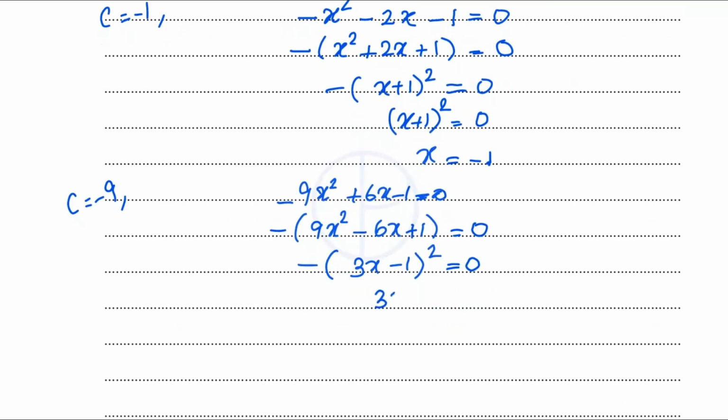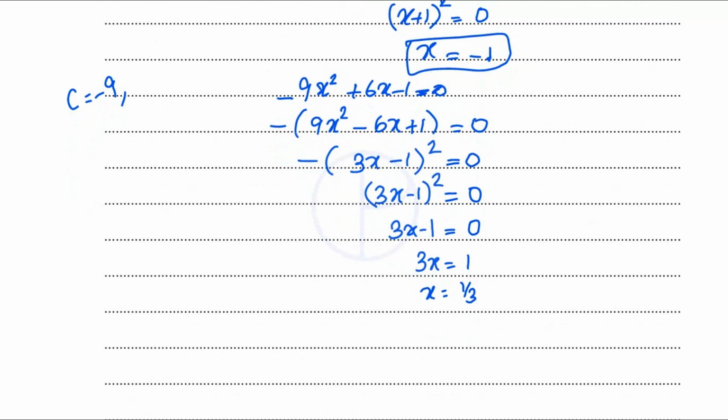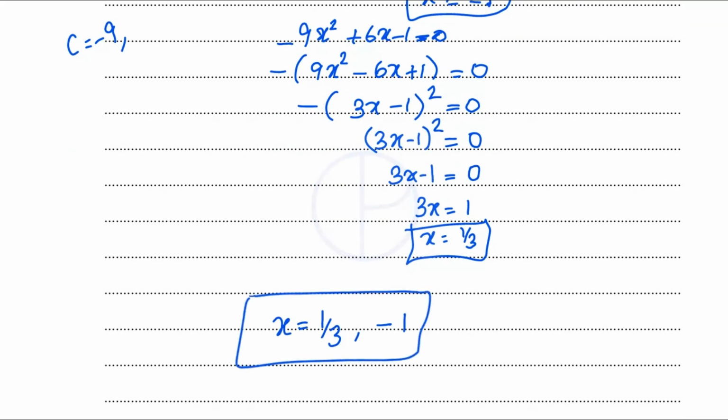So 3x minus 1 is 0, or 3x equal to 1, or x equal to 1 over 3. So we got x equal to -1 and x equal to 1 over 3. These are the two x coordinate values.